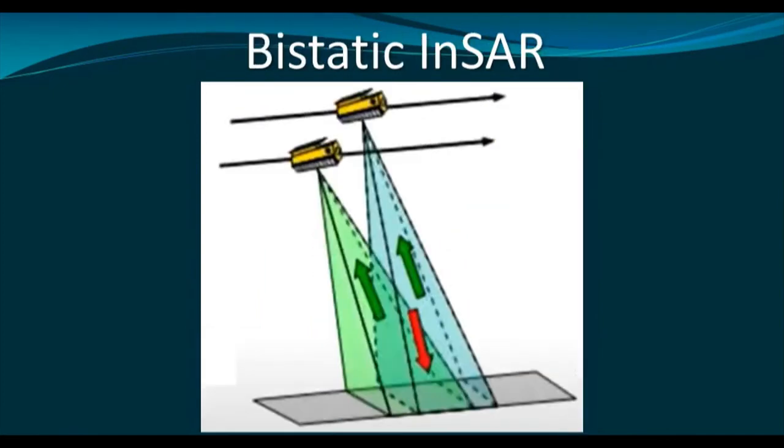Now, bistatic interferometric SAR, in which we can use multiple satellites. This one will throw the energy, this one will also throw the energy, and the reflected energy may be recorded by this sensor, and the energy thrown by this sensor will be recorded by this sensor.